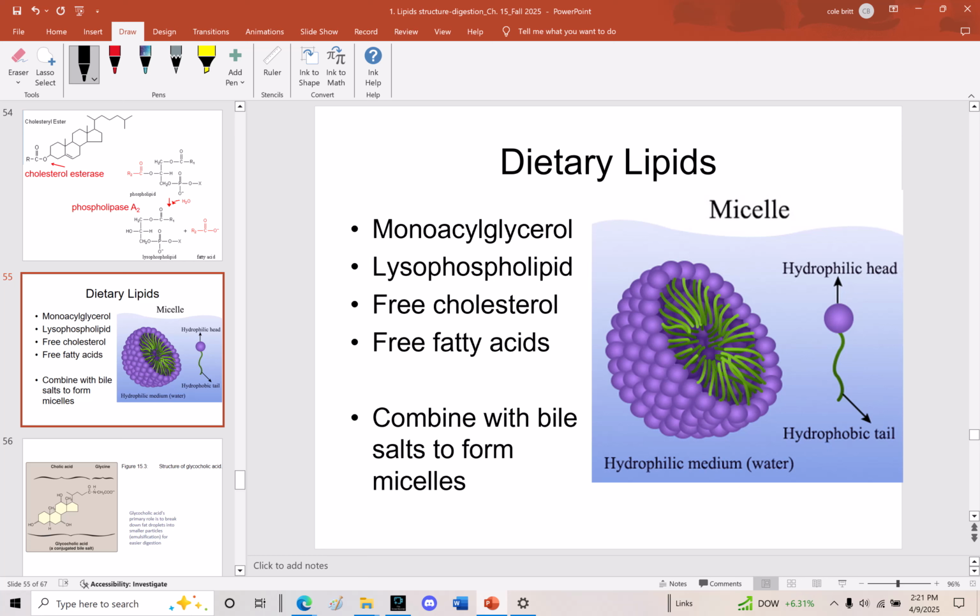So bile allows emulsification to happen, because it's bile salts. So they're going to actually have hydrophilic and hydrophobic portions. And so they are going to be able to help break down large fat droplets into small fat droplets. And now the enzymes can work on them better.